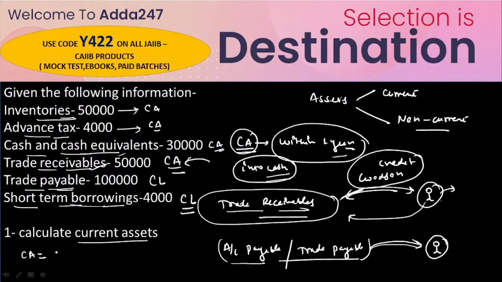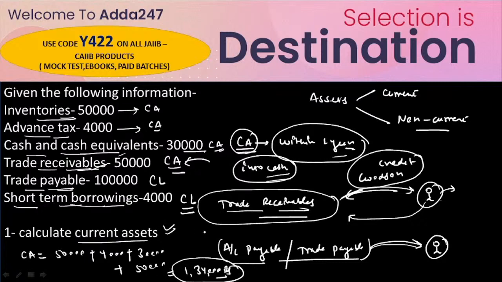Our inventories are 50,000 rupees, plus advance tax or prepaid expenses, which is also a current asset, so add 4,000 here. Then the cash and cash equivalents given are 30,000, so write 30,000 plus trade receivables, which is also a current asset, 50,000 rupees. So the answer would be 1,34,000 rupees. That would be the answer for the current assets.